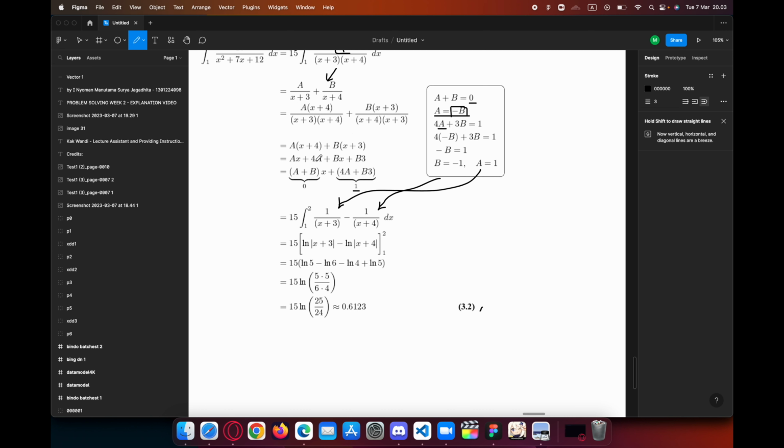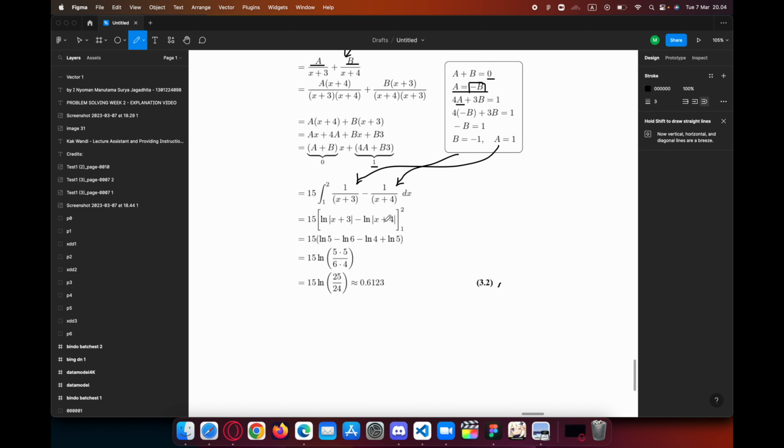So this is plus 1 minus 1. So it becomes 15 times the integral from 1 to 2 of 1 over x plus 3 minus 1 over x plus 4 dx.